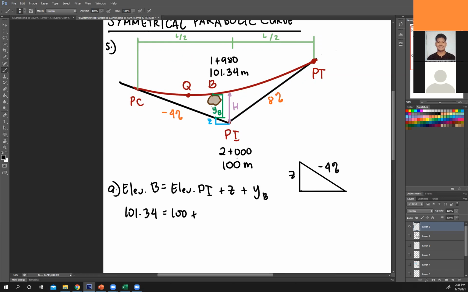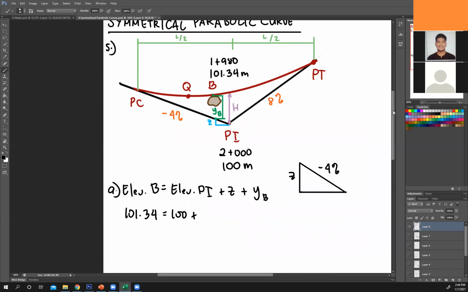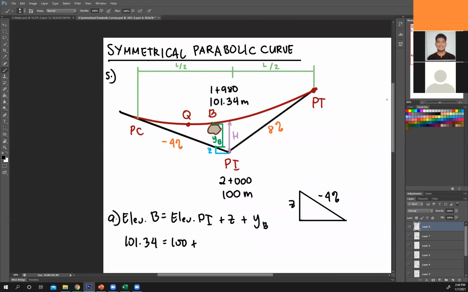PI is at station 2 plus 000. Point B is at 1 plus 980. Correct? It's 20. It's from the stationing. Remember, stationing is along the horizontal line for parabolic curves.